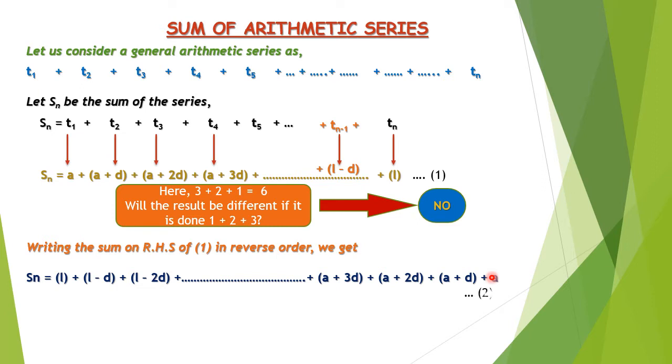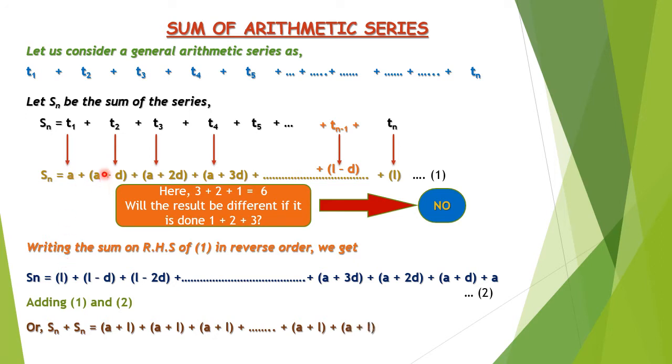Now we will add equation 1 and 2. Left hand side with left hand side, that is Sn plus Sn, and right hand side with right hand side. You can see A will be added with L, that will be A plus L. A plus D will be added with L minus D. You can add yourself.